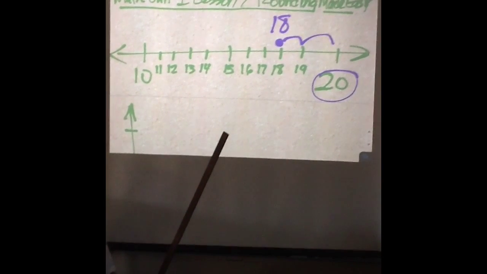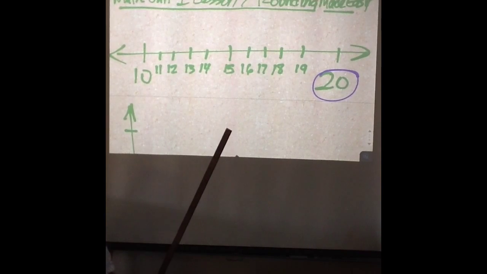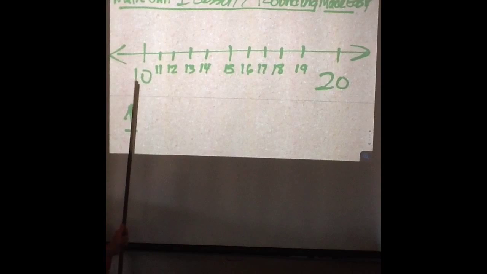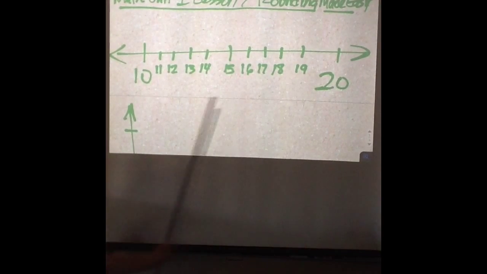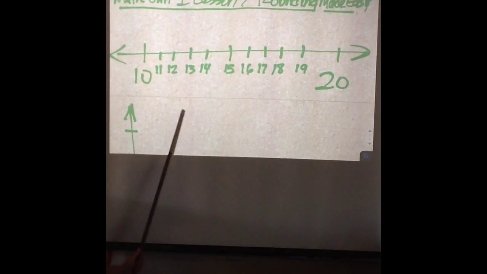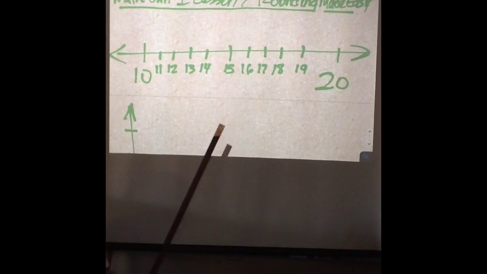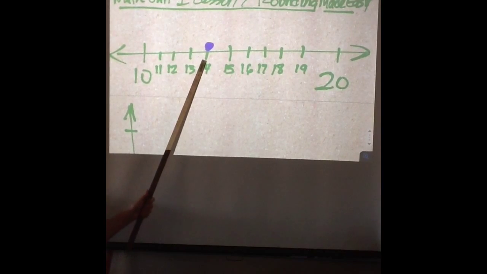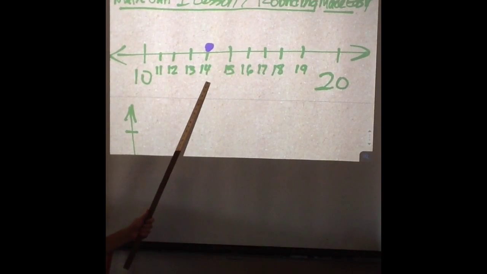So do you understand how rounding is working? It's whichever 10 number it's closer to, right? Okay. What if I have a dot right here? What number would that be? 14.